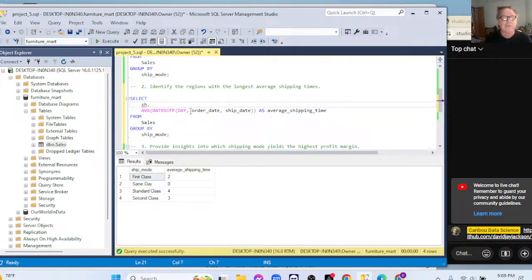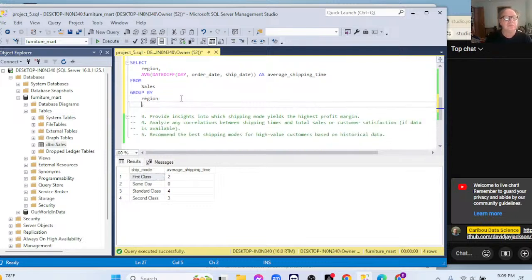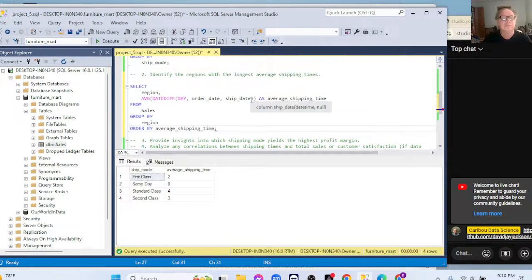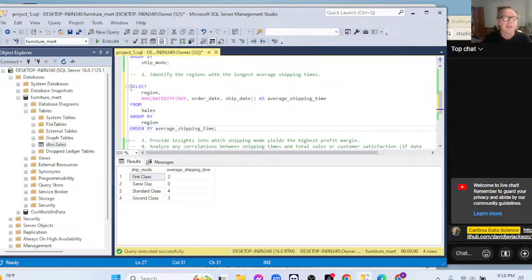The longest average region. Order by, so by default this should give us the lowest first.